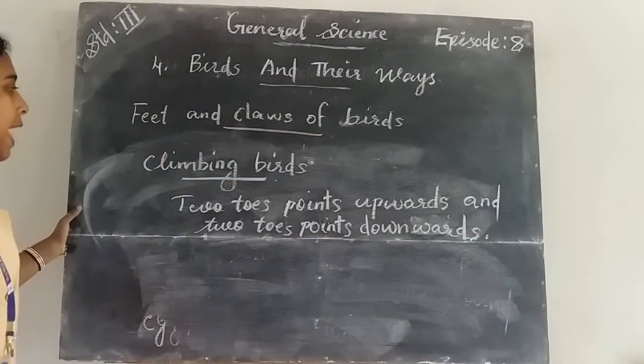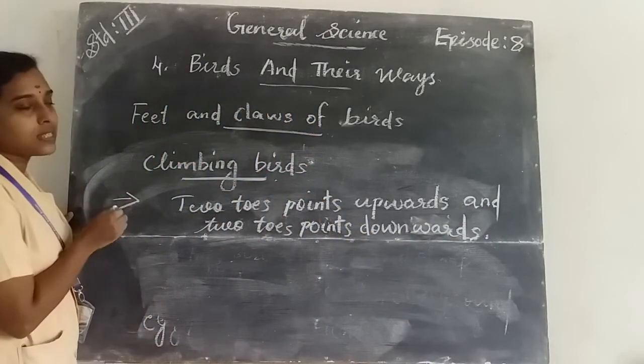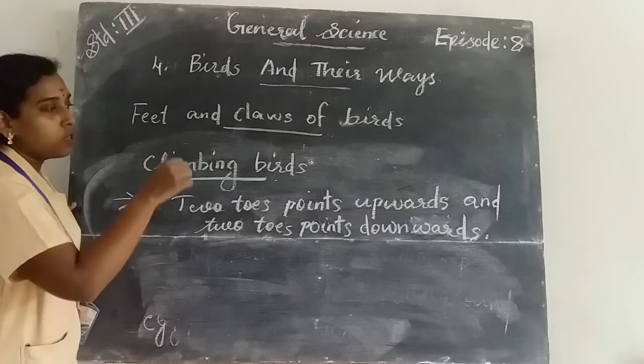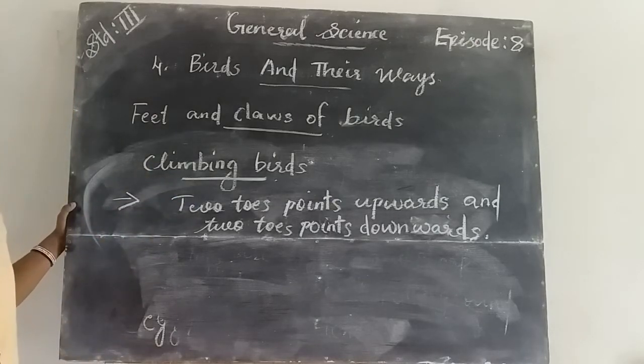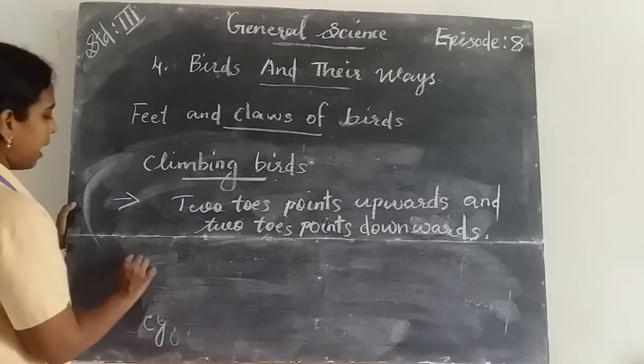Okay, so climbing birds also have four toes on their feet, and two toes point upwards and two toes point downwards, and these types of toes help them to climb or cling on a tree.